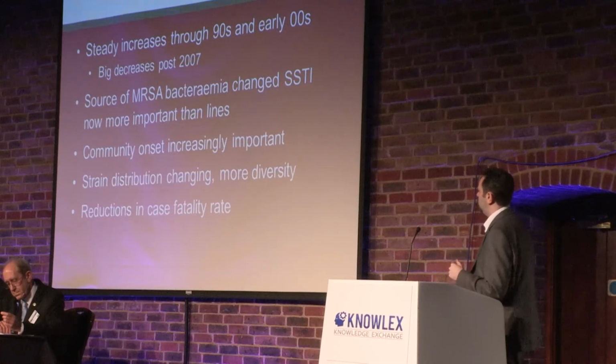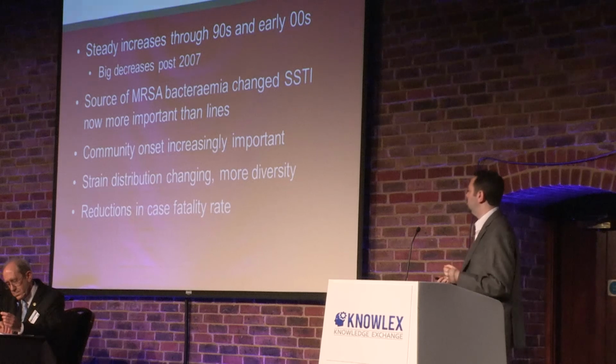We've seen a switch to community, we've seen a change in strains, and we've seen a reduction in fatality rates for both infections. This leaves me to acknowledge the people responsible for this data, especially the NHS staff, without whose efforts none of this data would have been possible to show you today.